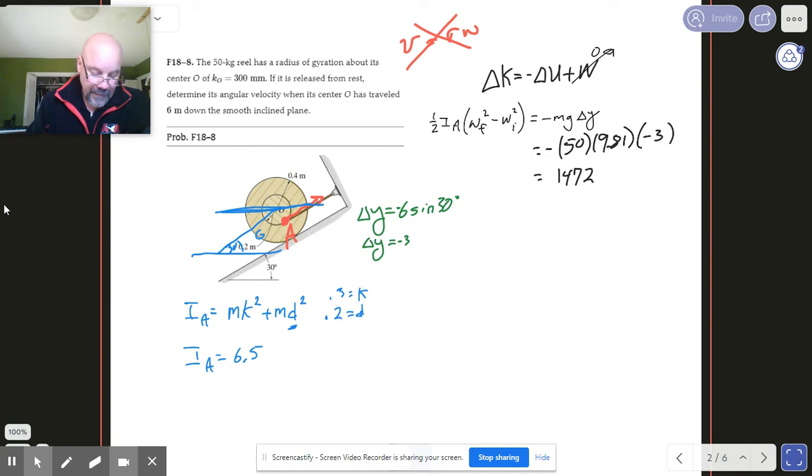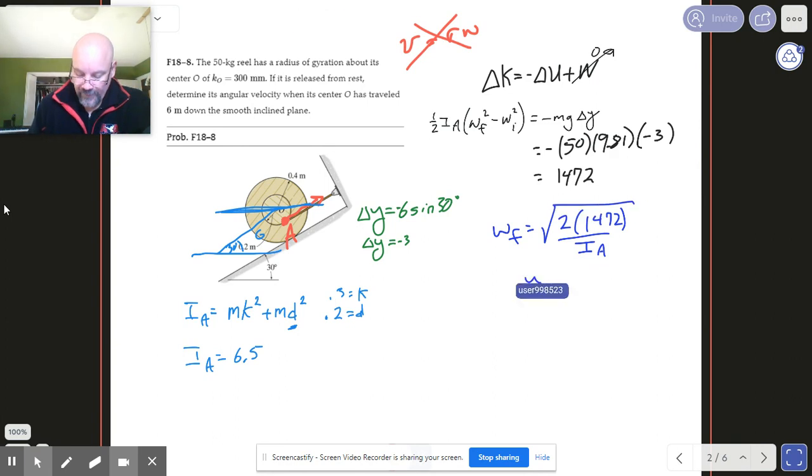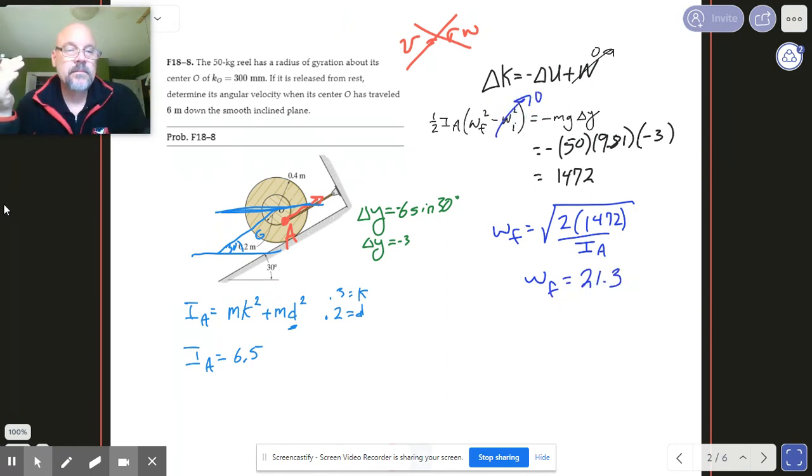And so we're going to get omega final equals the square root of 2 times 1472 over I at A. So the final angular velocity is 21.3, assuming we're starting from rest, which it says we are.